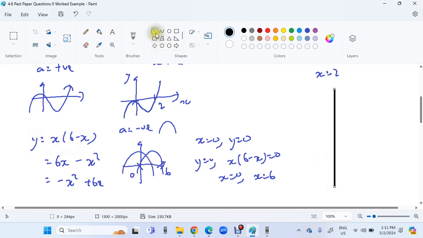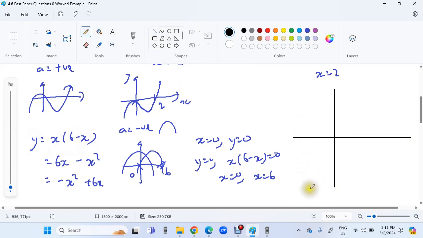What we will have is something like this. We have 0 and 6 here, x and y here.